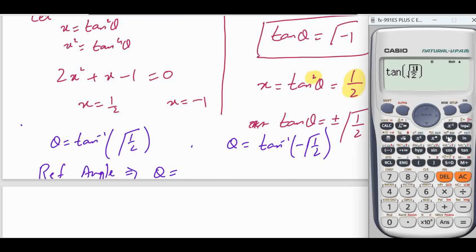This should be tan inverse of this thing. Shift tan inverse of square root of 1 by 2.